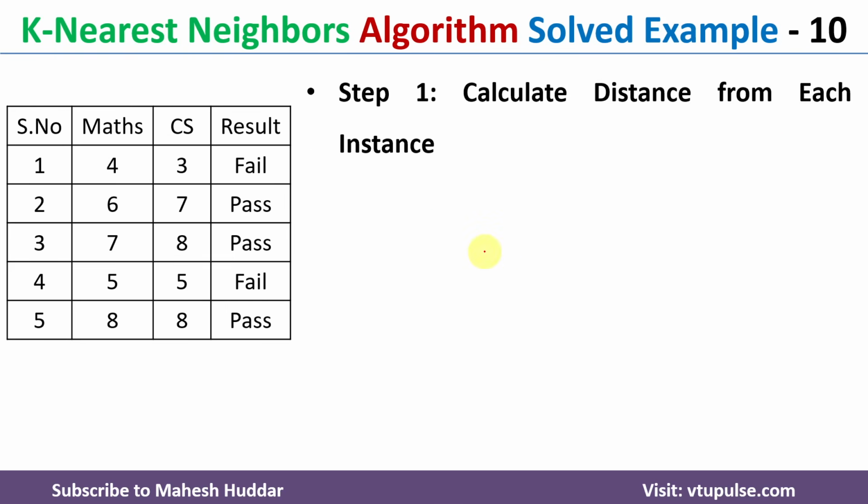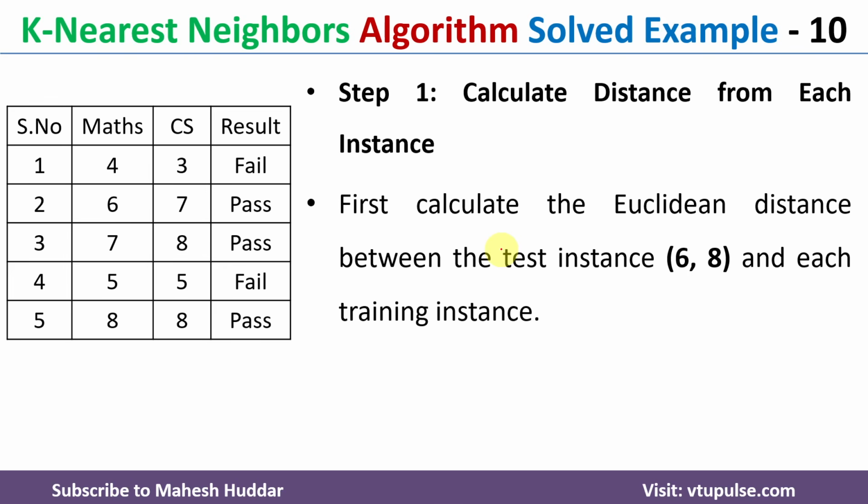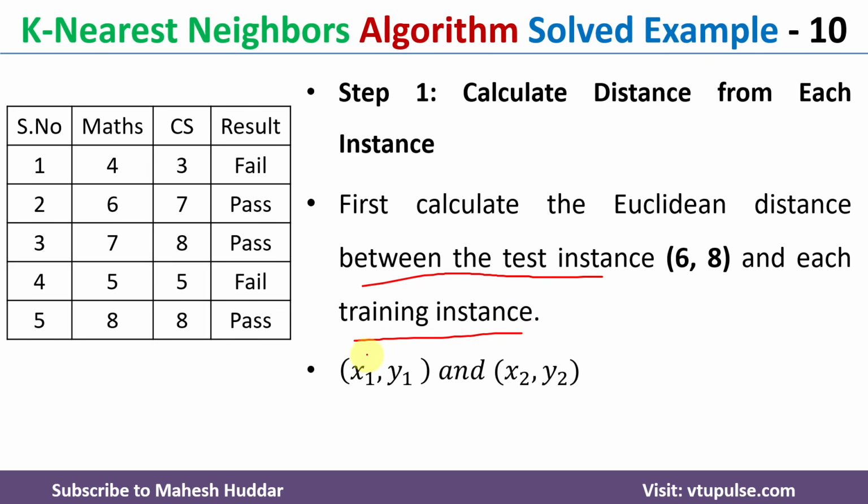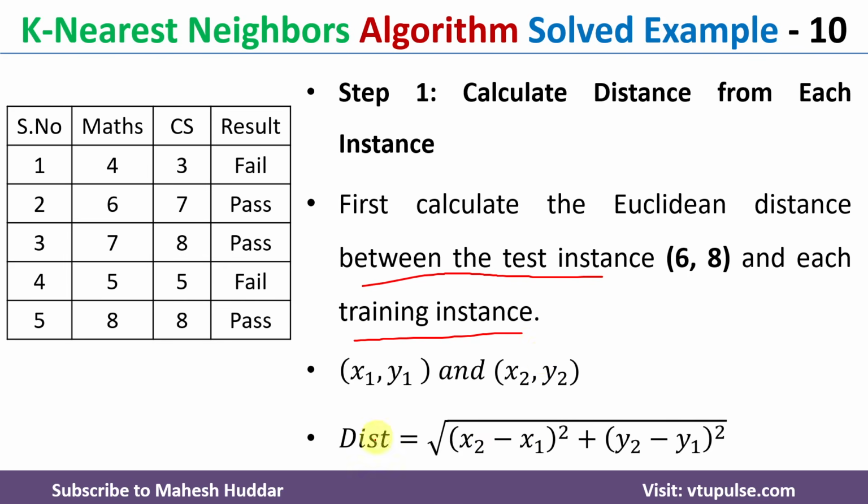In the first step of k-nearest neighbor algorithm, we need to calculate the distance between the test instance, that is 6, 8, and each training instance. If you have two data points like x1, y1 and x2, y2, to find the distance, we use a Euclidean distance formula which is equal to square root of (x2 minus x1) square plus (y2 minus y1) square.